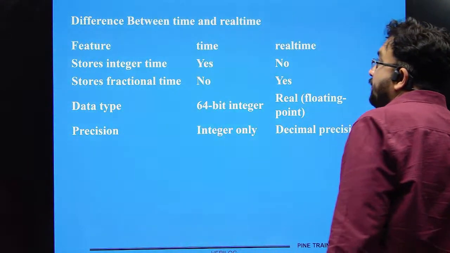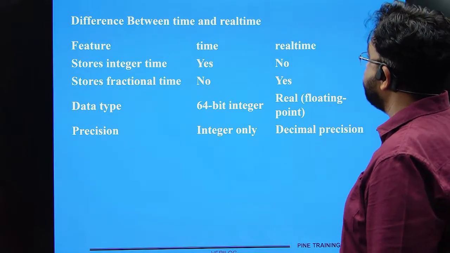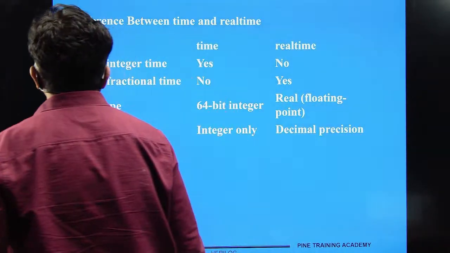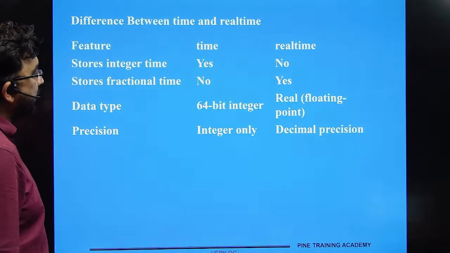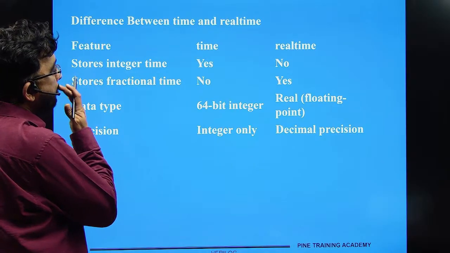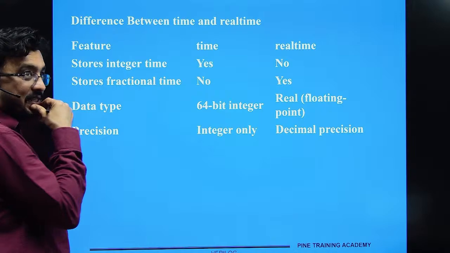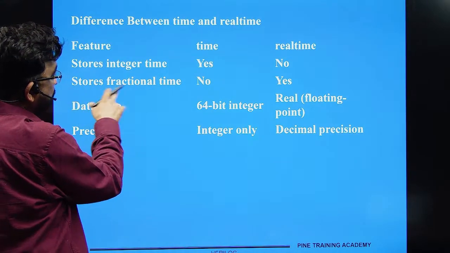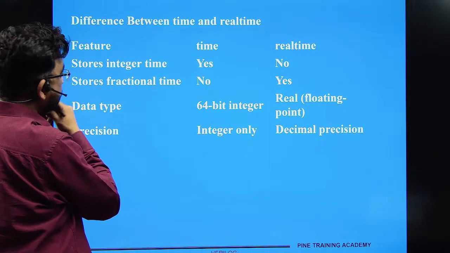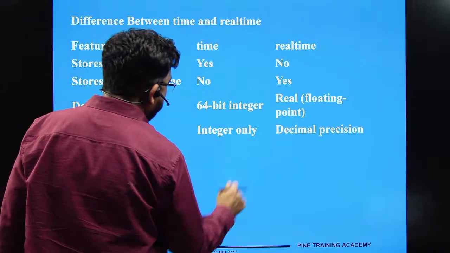The difference between a time and real time. So let's see. Storage: integer time, store fraction time, no. Data types: 64-bit range, real floating points.